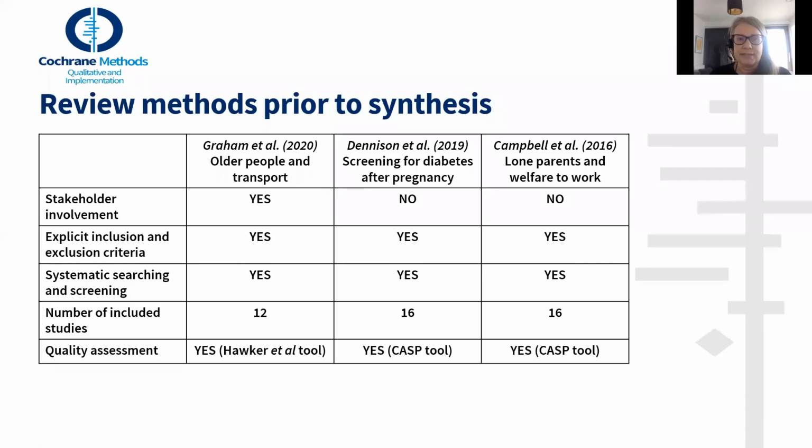Interestingly, these reviews didn't sample their studies. They used all of the studies that they found. You'll see there they're quite low in number, from 12 to 16. And all of them used a quality assessment tool. Interestingly, only one of the reviews had stakeholder involvement during any of the conduct of the review. Next slide, please.